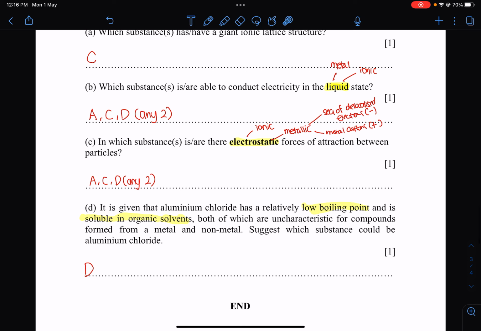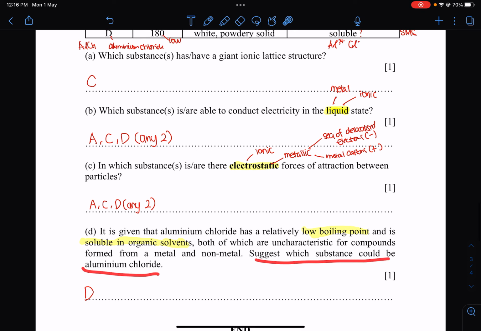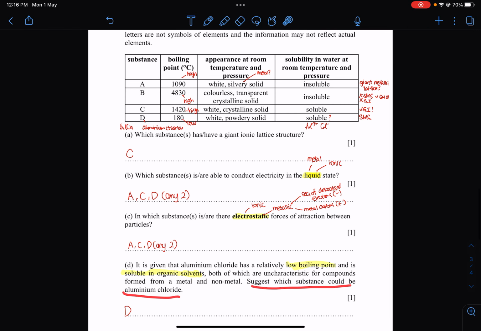They ask you to suggest which substance could be aluminium chloride, so all you have to do is identify which of the 4 substances would have low boiling point as well as be soluble in organic solvent. The solubility here you will not know because it's not provided. However, based on the low boiling point, you should be able to figure out that D is your aluminium chloride already.